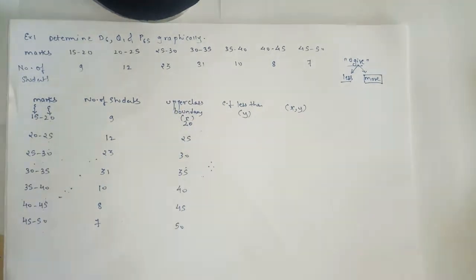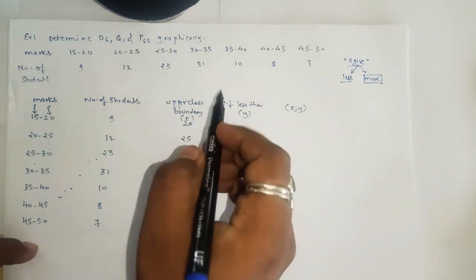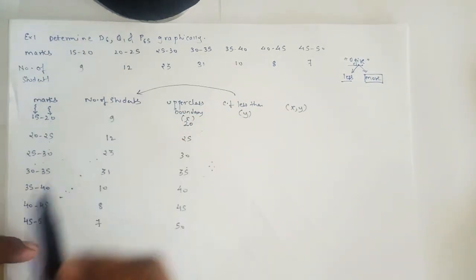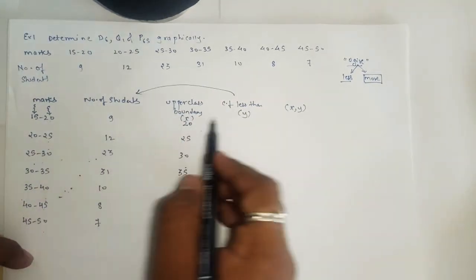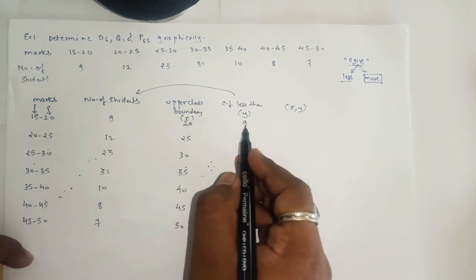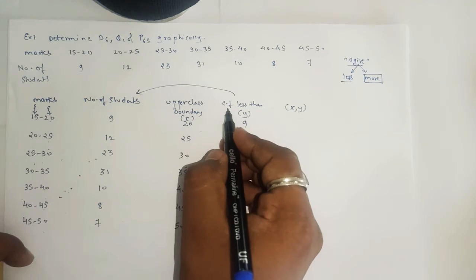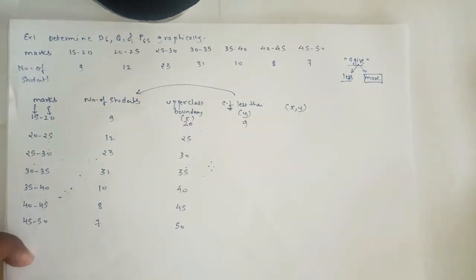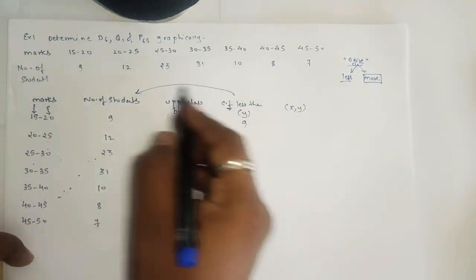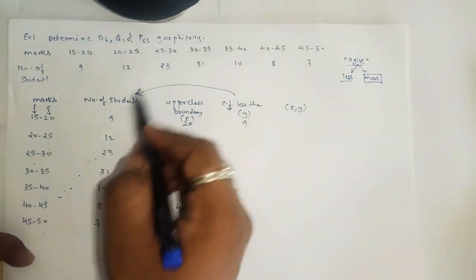Okay, now we'll see how to find the cumulative frequency. We know how to find the cumulative frequency. First you will write 9 as it is, then go on adding, as it says cumulative frequency. To find cumulative frequency you have to see the frequency column.